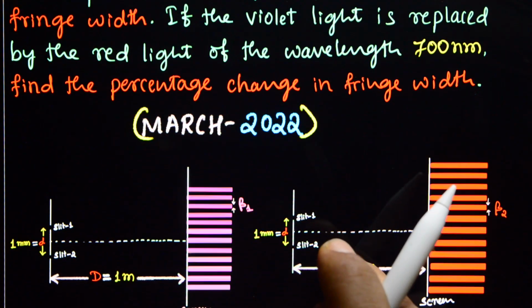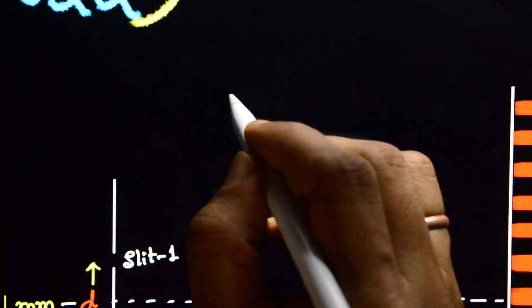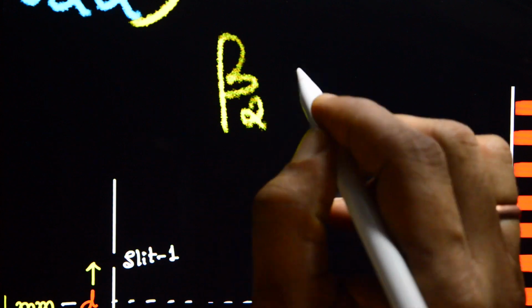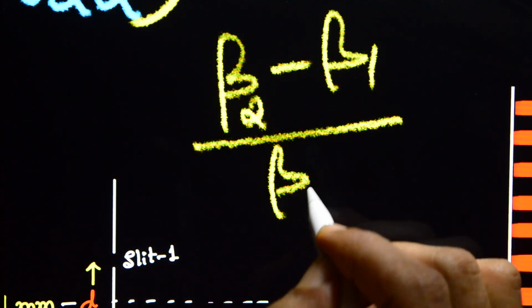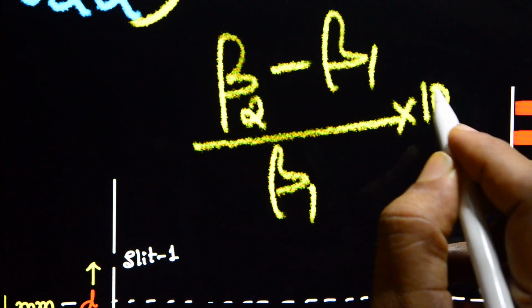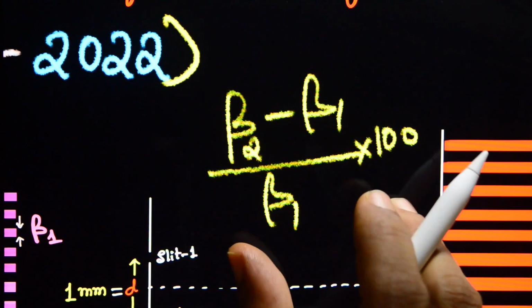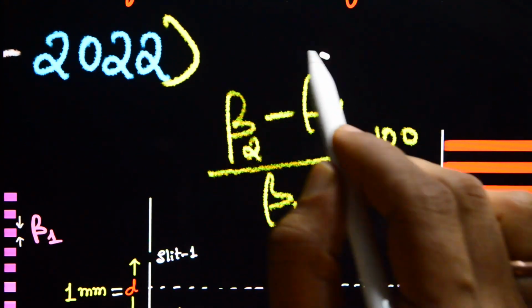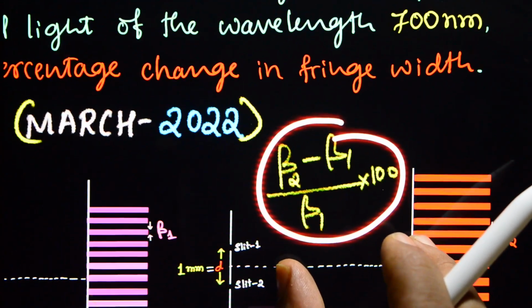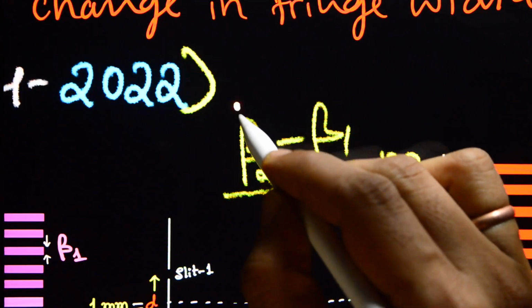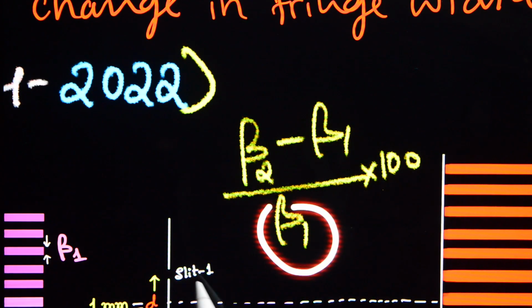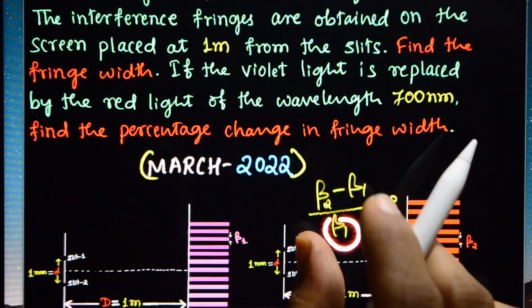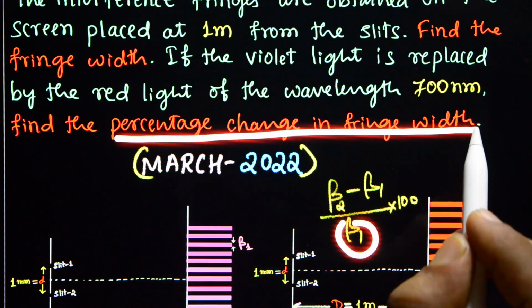Percentage change is beta 2 minus beta 1 divided by beta 1 into 100. This is our new fringe width, this is the initial fringe width, the difference divided by the initial fringe width into 100 gives the percentage change in fringe width.